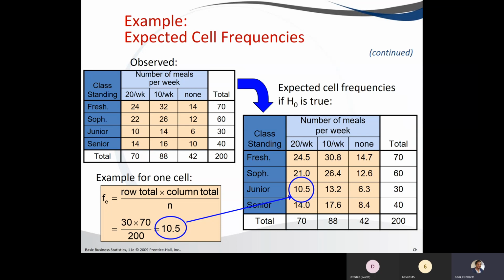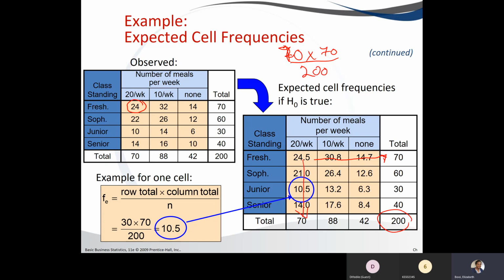Now we need to calculate the expected value, because when we calculate the test statistic, we will need the expected frequencies. So if we want to calculate the expected frequency for 24, we're going to go to the row total of 24. The row total is 70, multiplied by the column total, which is 70, divided by your N, which is 200.